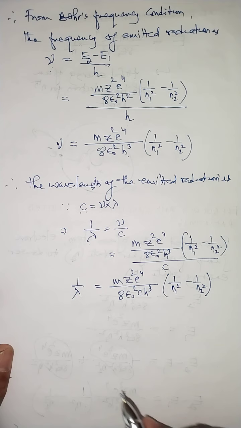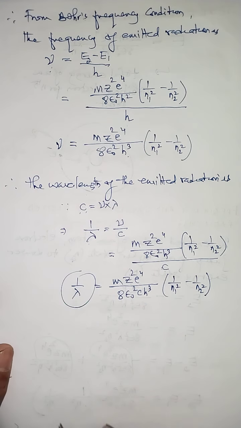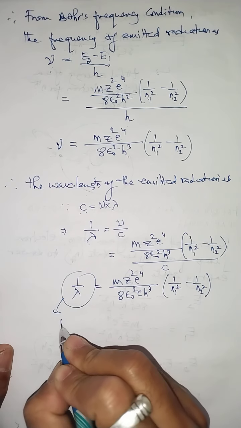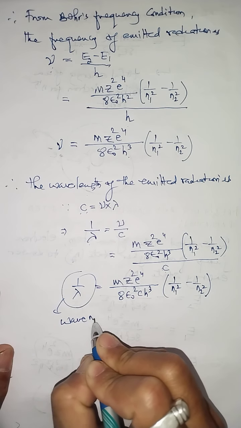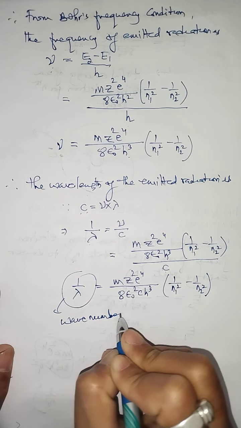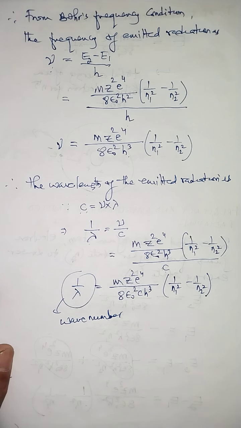Now this particular quantity on the left hand side is also called the wave number. Wave number means the number of waves produced per unit length.